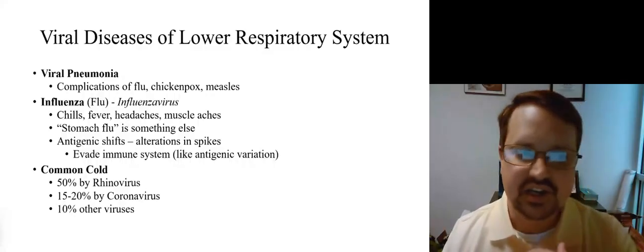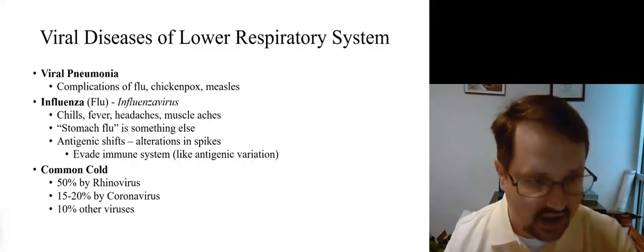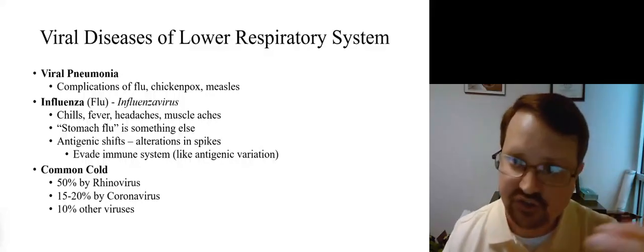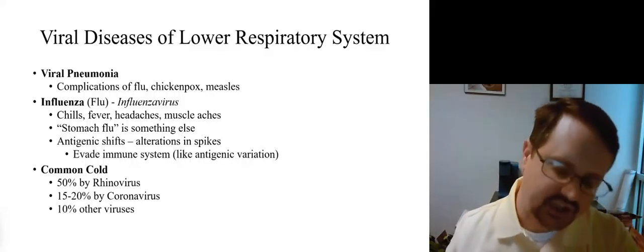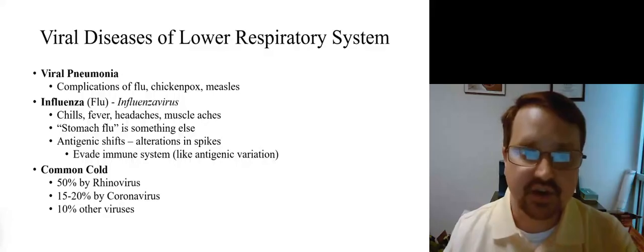There's alteration in the spike proteins that evades the immune system. They call that antigenic variation, antigenic shifts. It changes so much, and this is why you have to have a different flu shot every year.